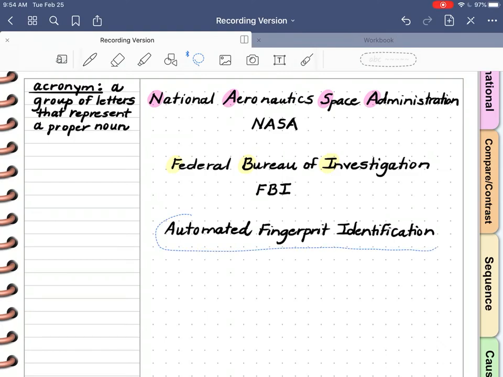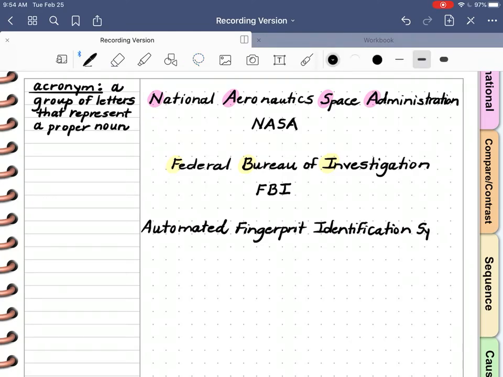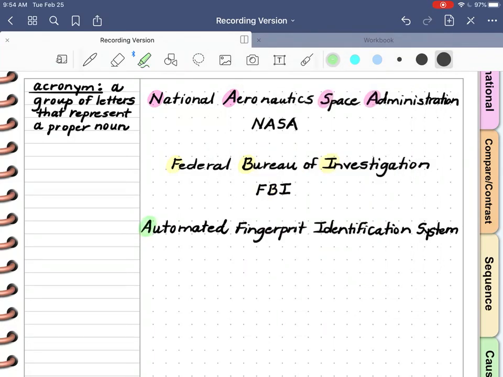Let me try to scoot this over. I want to keep it all in one row if I can. And the last word is system. If you watch CSI shows, you may hear them talk about AFIS. Automated Fingerprint Identification System. The acronym is AFIS. You run fingerprints through AFIS to find out if there is a match in your computer.